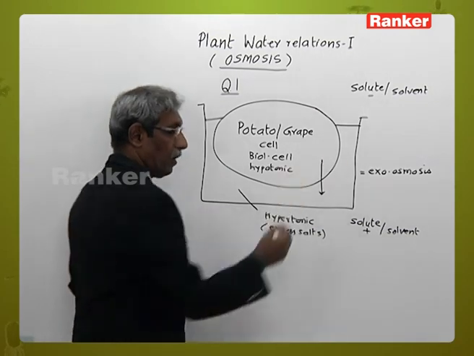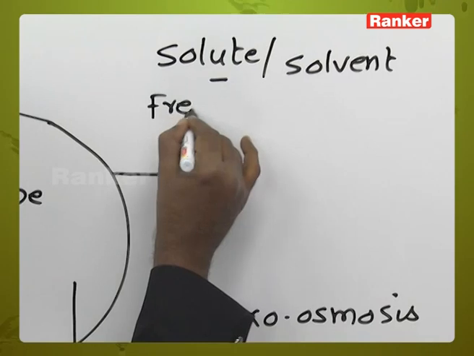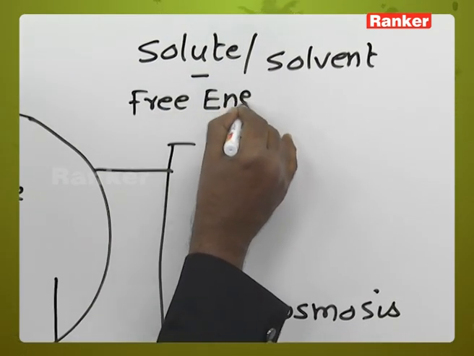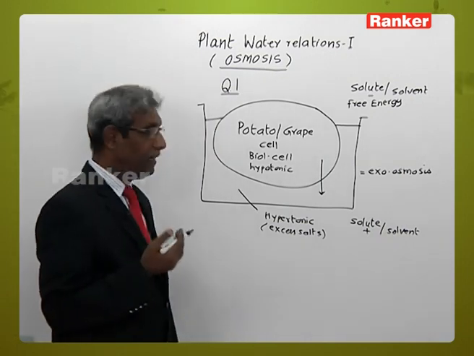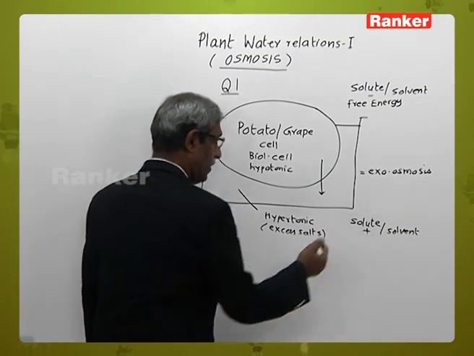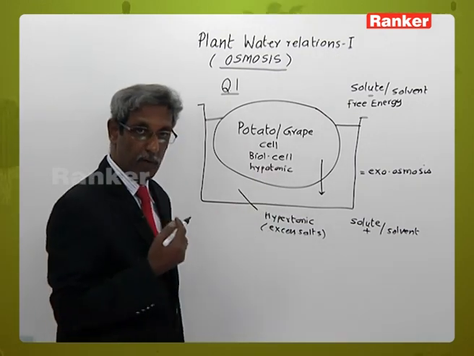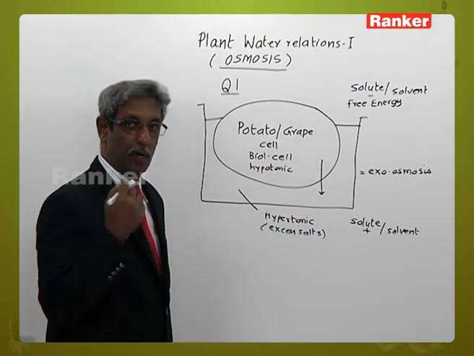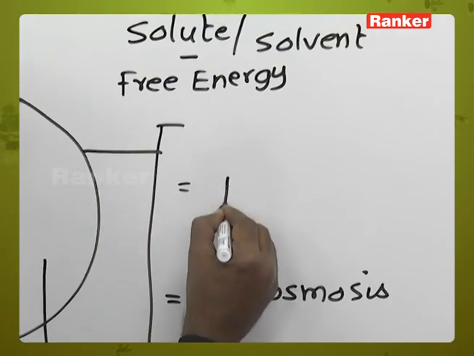Therefore, because the solute is less, it will have more free energy. So, from a region of higher free energy, it goes to another region with higher concentration. This process is called exo-osmosis, and during exo-osmosis, the biological cell will turn flaccid.